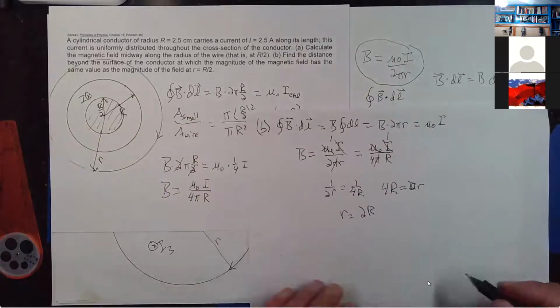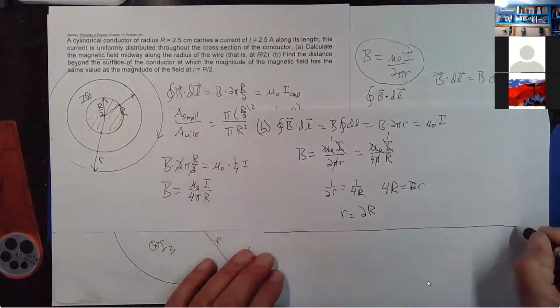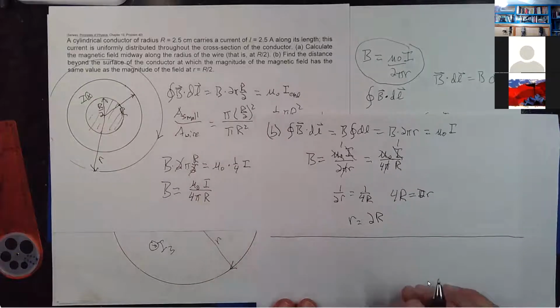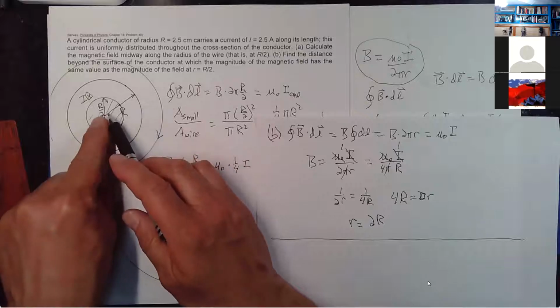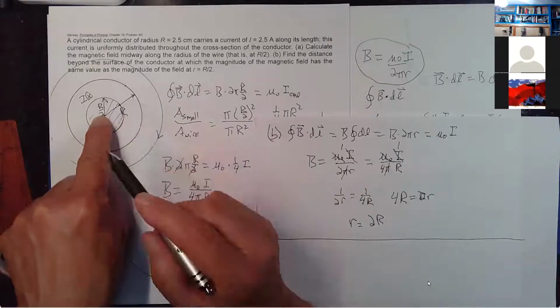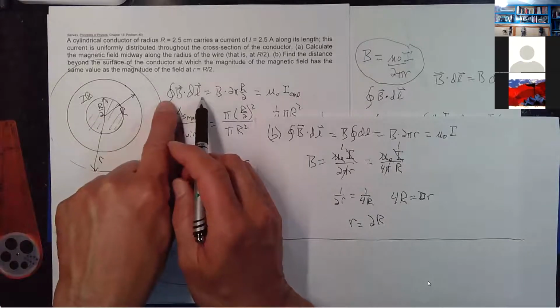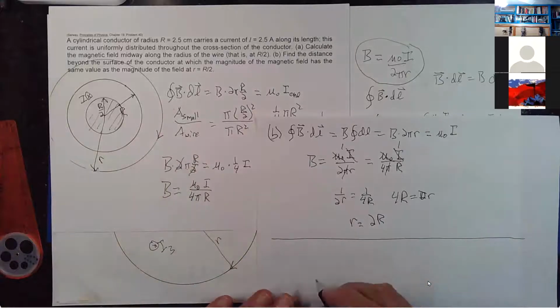And it's to show how the magnetic field within the wire changes with increasing distance from the center. And we can use Ampere's law to figure it out again.